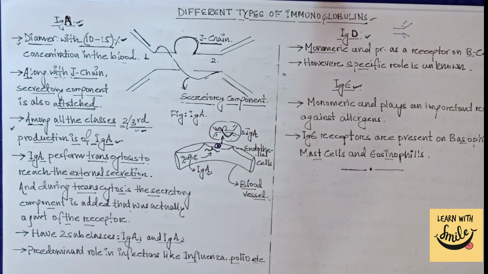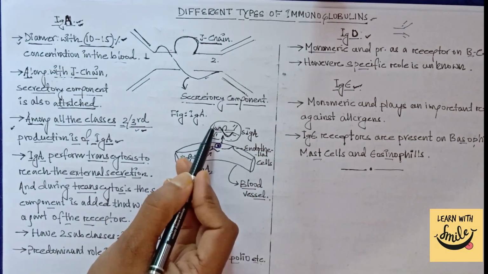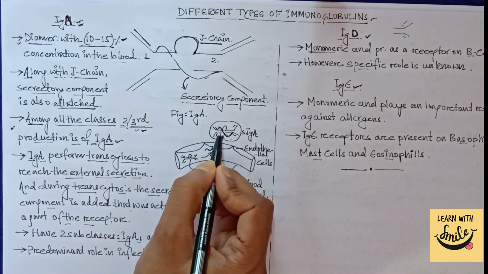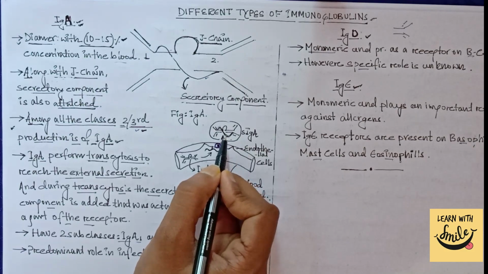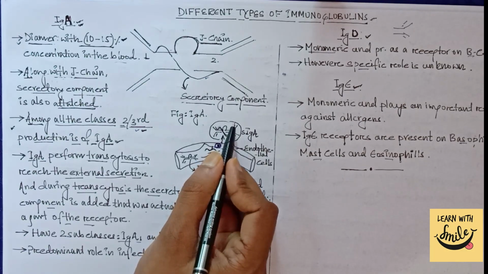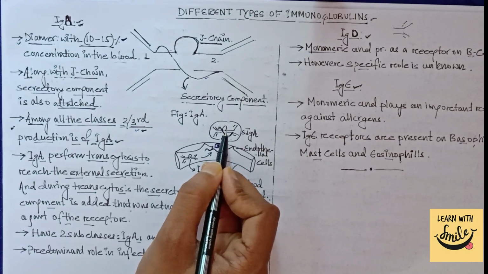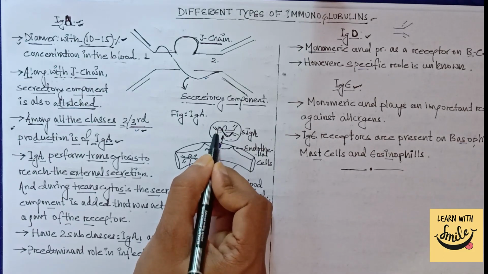Now as extra information, this secretory component also has some role. Simply, it doesn't get attached to the immunoglobulin A for nothing. Whenever this immunoglobulin A is transported to the external secretion, it may encounter some harsh digestive enzymes, and those harsh digestive enzymes might cause damage in the hinge region.